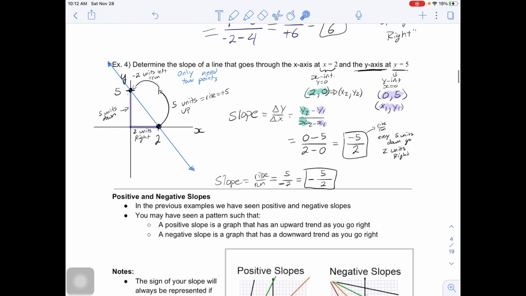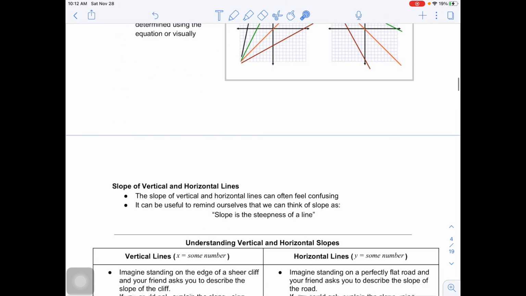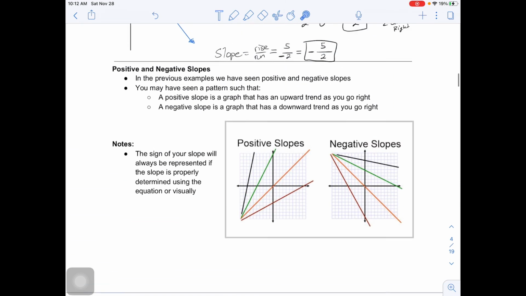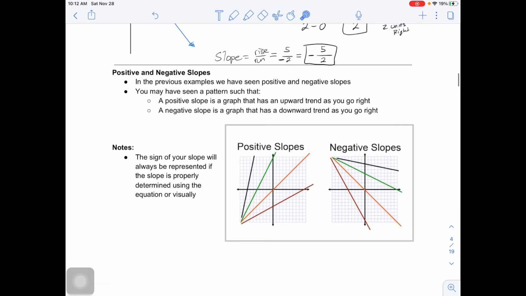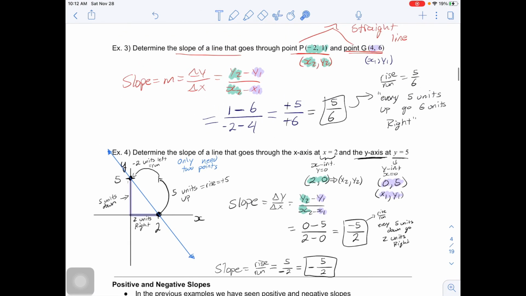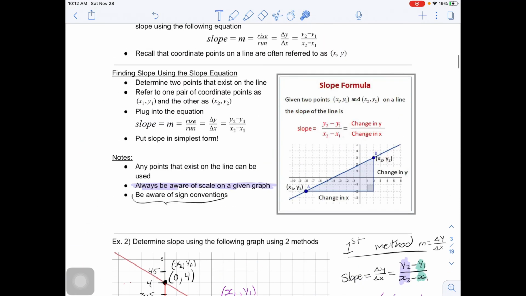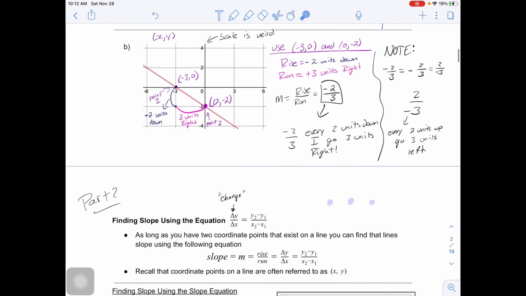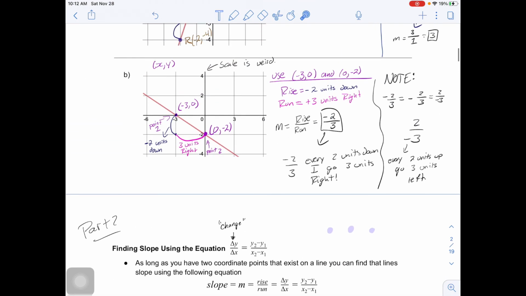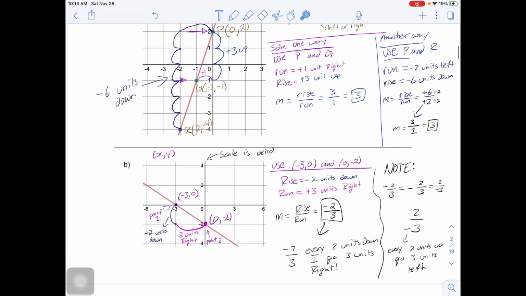Okay. I'm going to quickly go over positive and negative slopes. Something you've probably noticed is sometimes you have positive slope, sometimes you have negative slope, and you can see that even from the other examples. Like this would be a negative, this would be a positive slope, and hopefully you can see the patterns going on here.